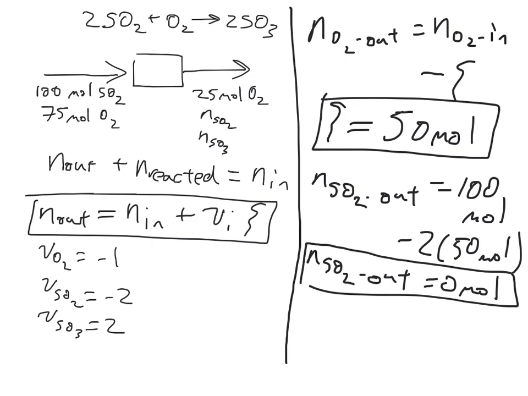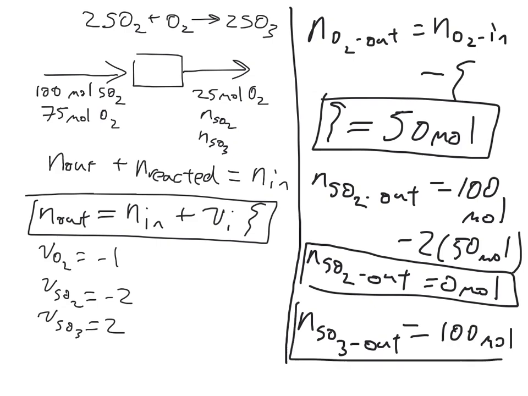Then we can do a similar calculation for SO3 out, but in this case we have +2 instead of -2, starting with 0. So N SO3 out is 0 plus 2 times 50, or in other words, 100 moles. And there we have it. Using our extent, we were able to find out how much of each species was coming out of the system.